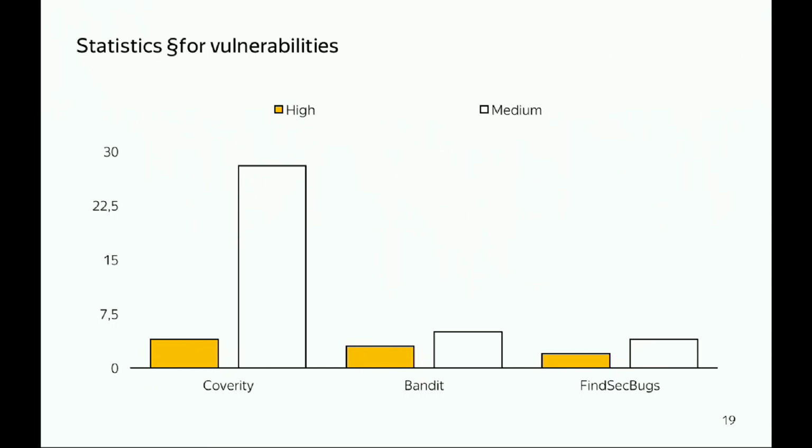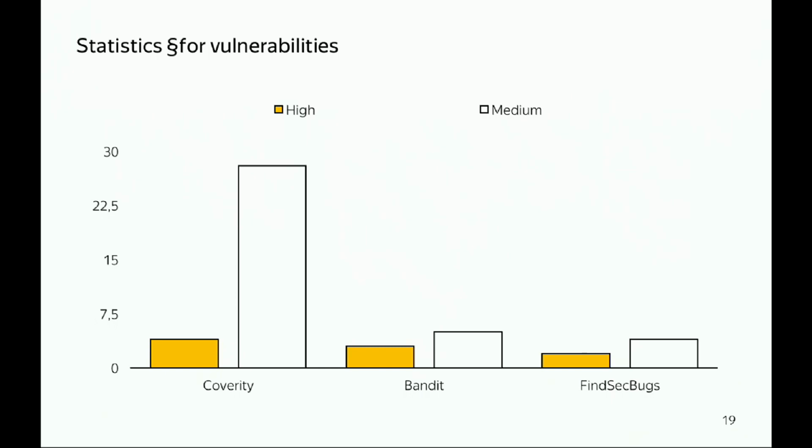Actually, we switched off all low-level alerts. We look only at high severity and medium severity vulnerabilities. So we have only these statistics here. Actually, about 30 issues we got in a month.